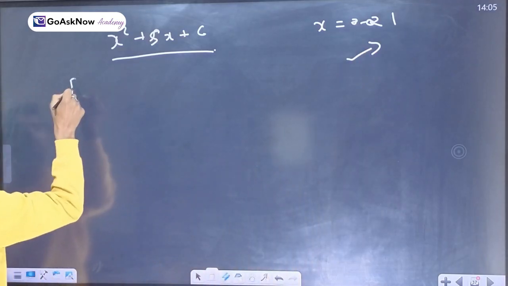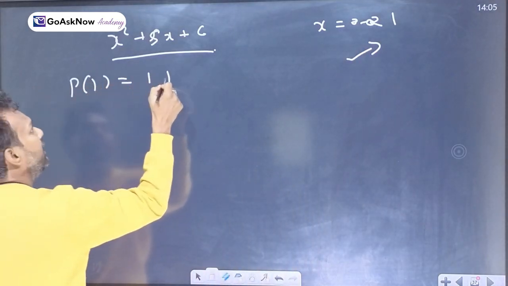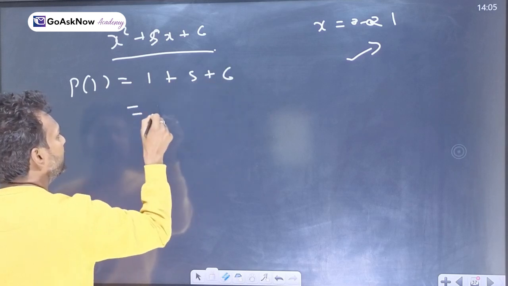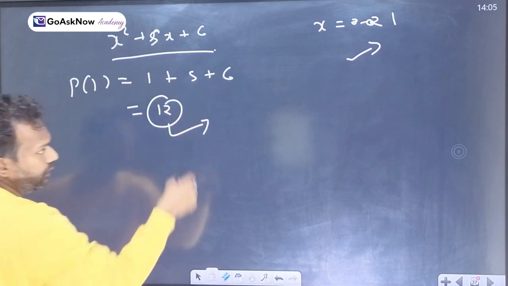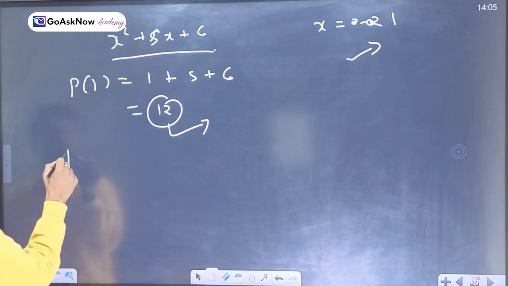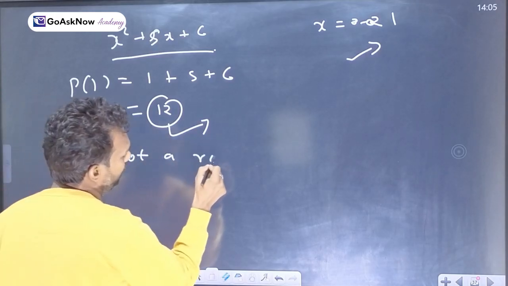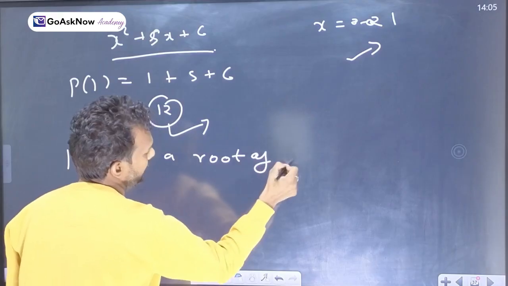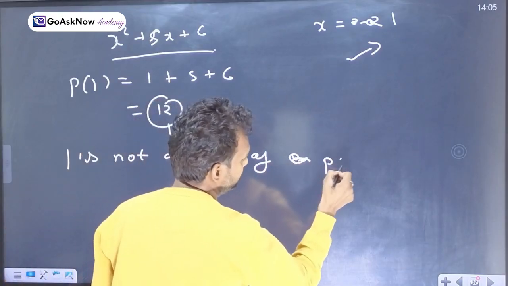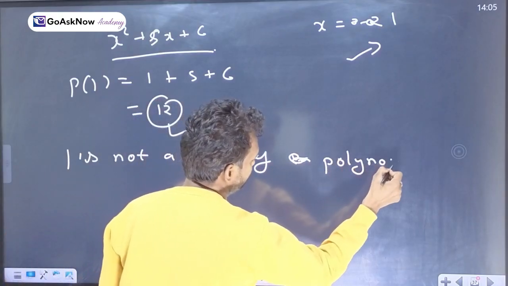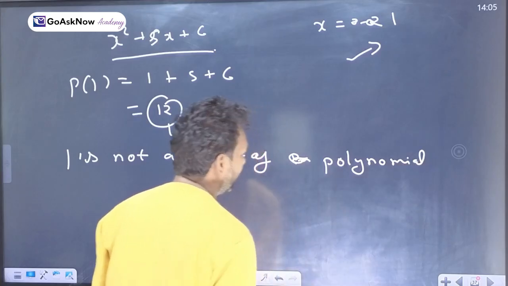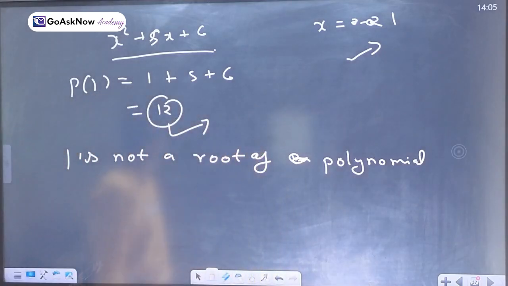We find P(1), 1 plus 5 plus 6, and the answer is 12. Then we see that it's not 0. Therefore, 1 is not a root of the given polynomial.